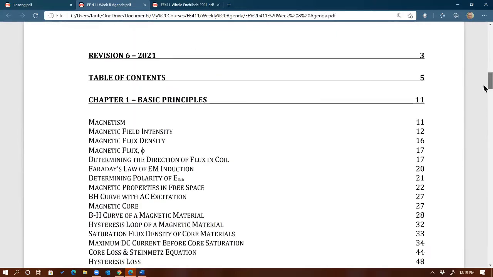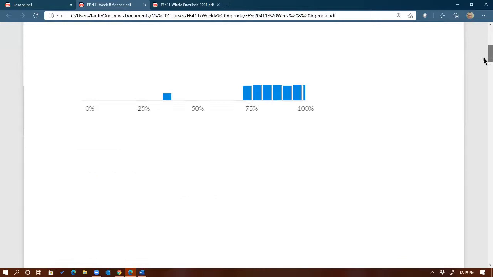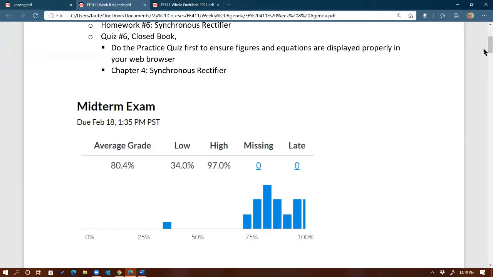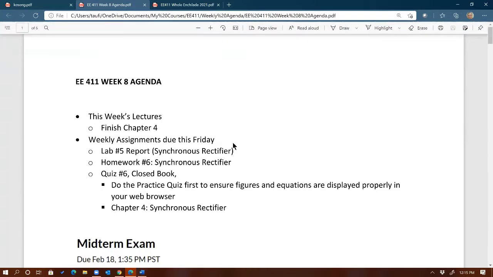High frequency magnetic design. This is a very rare class, by the way. You can check, Cal Poly is probably the only school in California that offers this class. And it's a very practical class. The content that I'm presenting is more practical rather than theoretical.